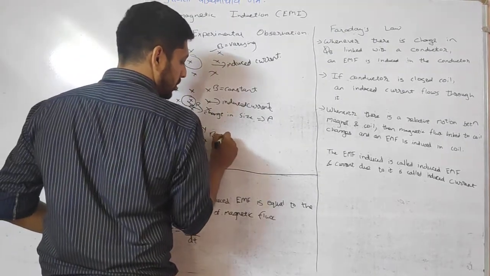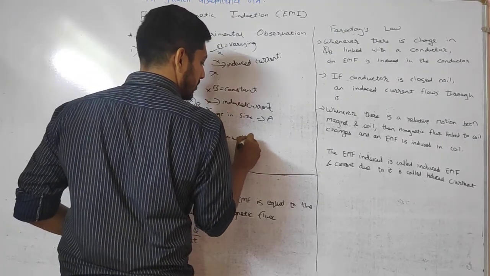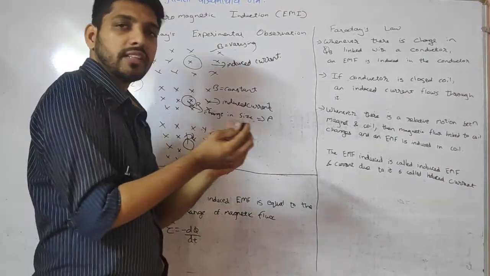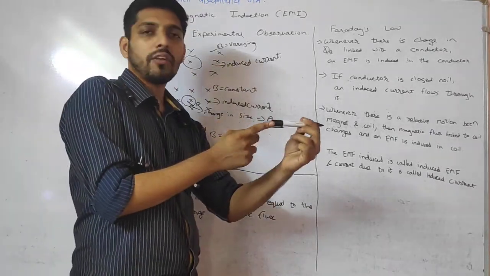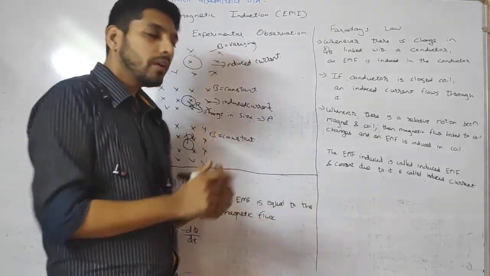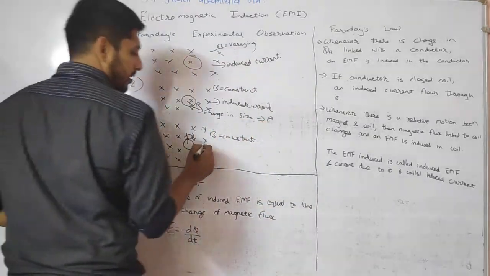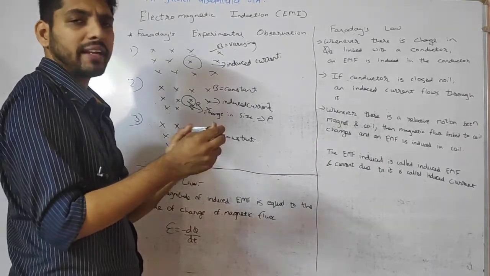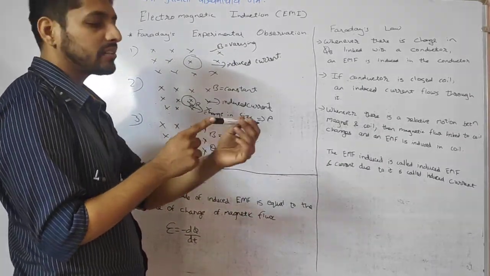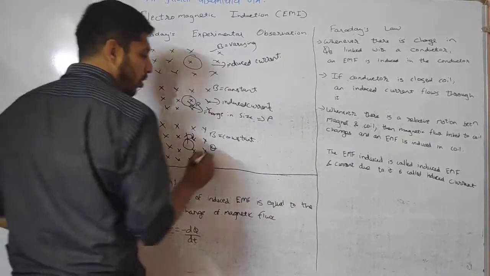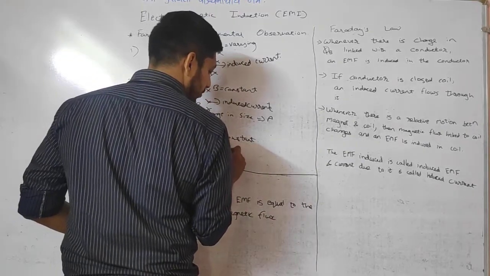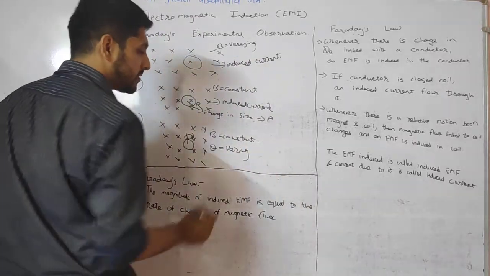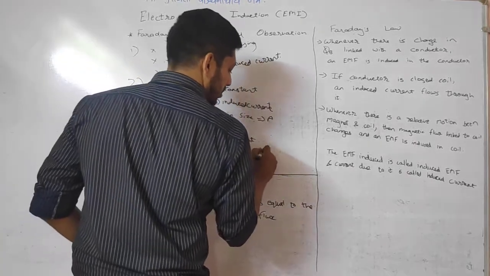Here B was constant, size was also constant, but even though he kept on changing the direction, once this way, once this way. So when he was changing this, the angle theta which it makes with the magnetic field is changing as the conductor is moving. On changing theta, he again found that there was induced current inside it.